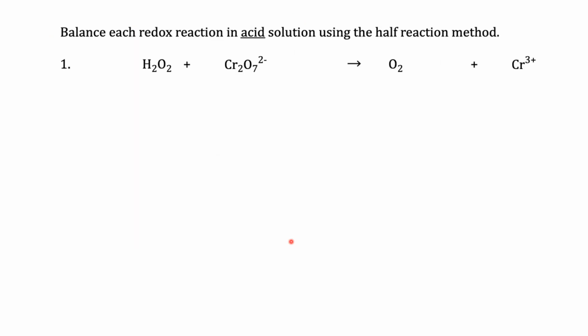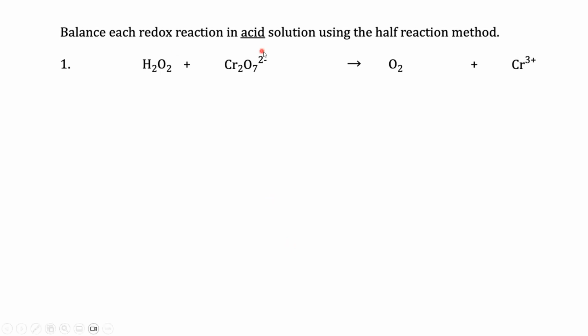And then this will be the last one where we have acidic conditions. The next one will be basic conditions, so we'll have one little extra step that we need to consider. But this one's a little bit different in the sense that we've got oxygen on the left-hand side, but we've got it in 2 spots, and it's got 2 different oxidation numbers.